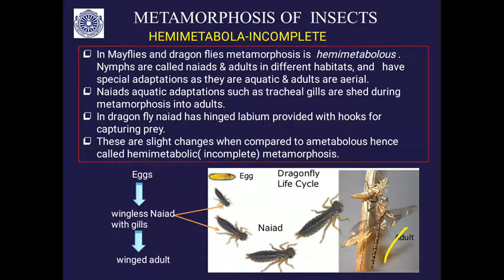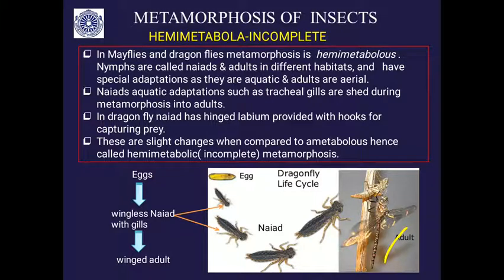The young ones that hatch from the egg are called nymphs. These nymphs are here called naiads. These naiads differ from their adult in terms of their habitat also. Here the naiads, or the young ones, are aquatic, whereas the adults are aerial.